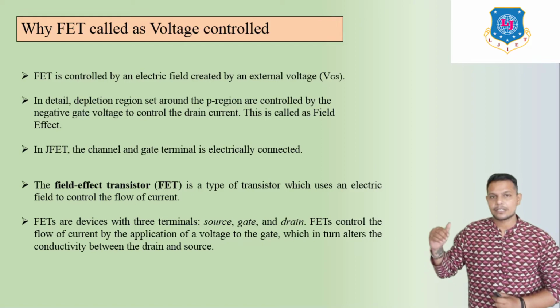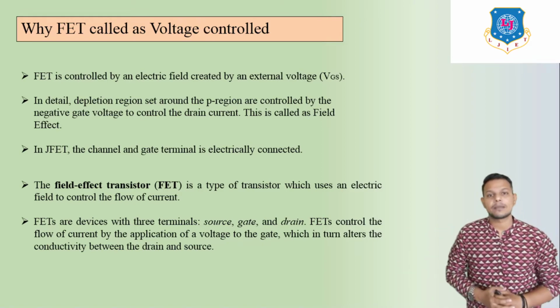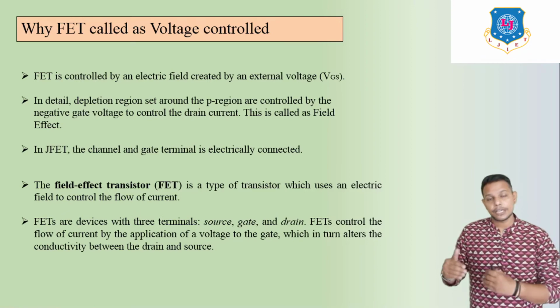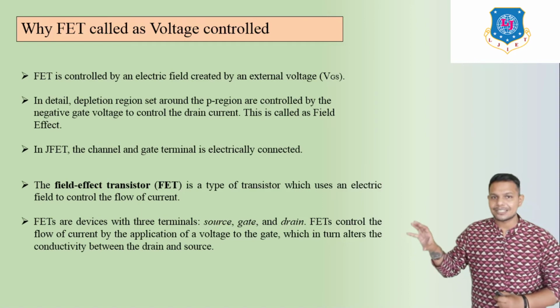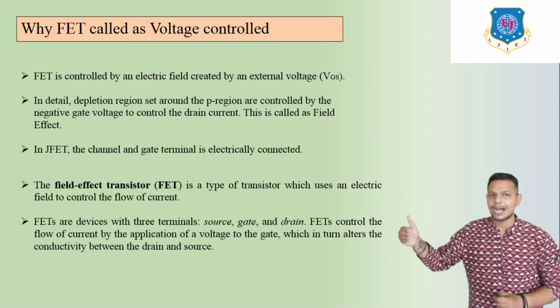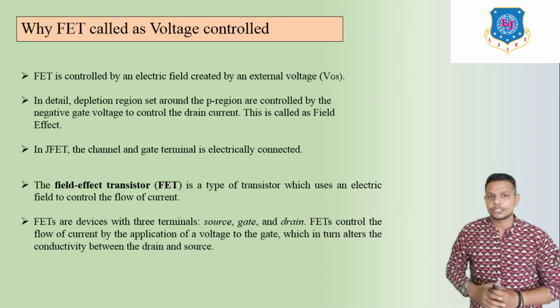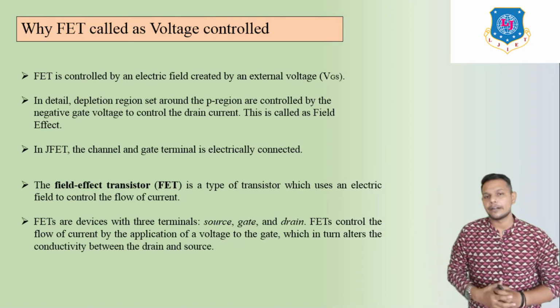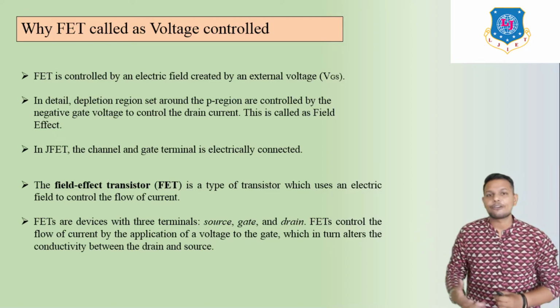That means the gate to source voltage is our external voltage supply, or we can say our input voltage supply. In detail, depletion regions set around the P region are controlled by the negative gate voltage to control the drain current. This is called a field effect transistor.